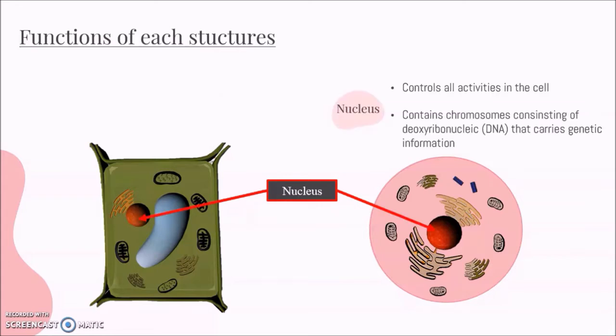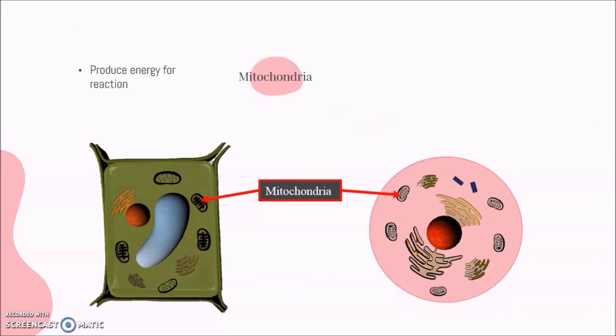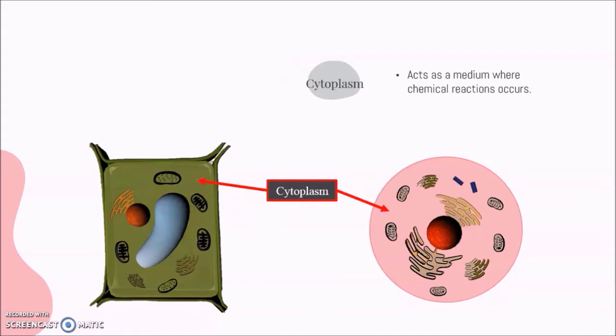Nucleus: it controls all activities in the cell and it contains chromosomes consisting of deoxyribonucleic acid, which is DNA, that carries genetic information. Mitochondria: it produces energy for reactions. Cytoplasm: it acts as a medium where chemical reactions occur.